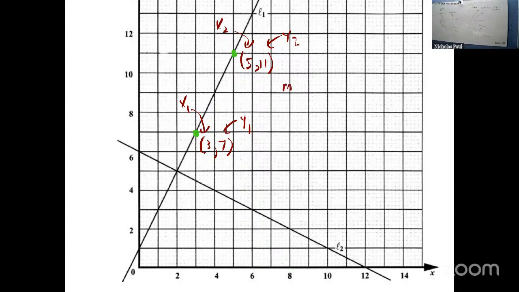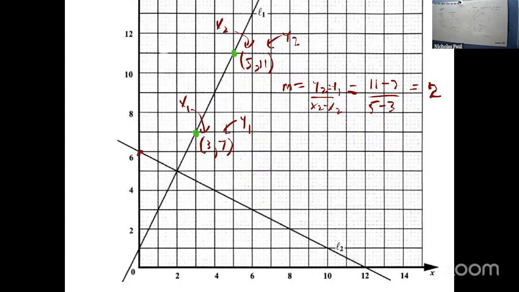So gradient is equal to y2 minus y1 over x2 minus x1. That is 11 minus 7 all over 5 minus 3. 11 minus 7 is 4, and 4 over 2 is 2. So that gradient is 2. And then we can do the same thing down here.